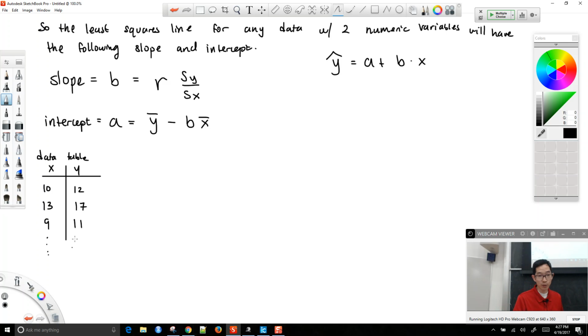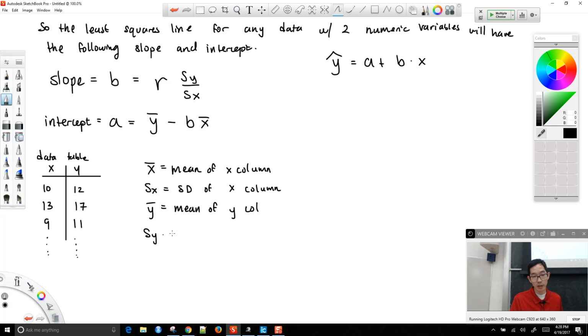X bar is the mean of the x column, and sx is the standard deviation of the x column. Then you do the same thing for y: y bar is the mean of the y column, and sy is the standard deviation of the y column. That covers all of these terms. Oh, and r is the correlation between x and y.